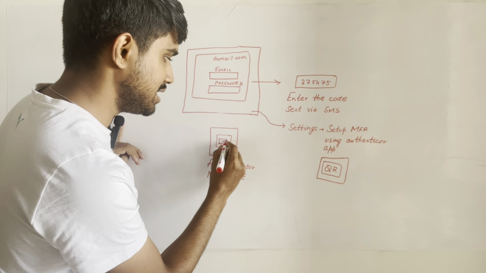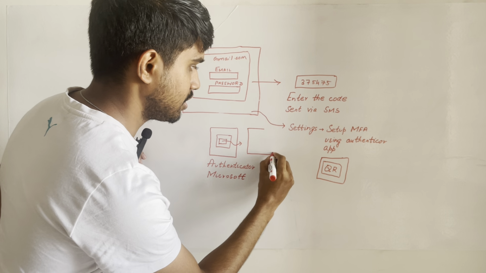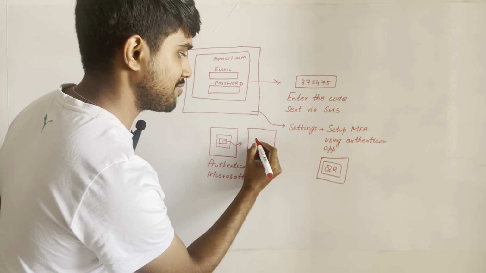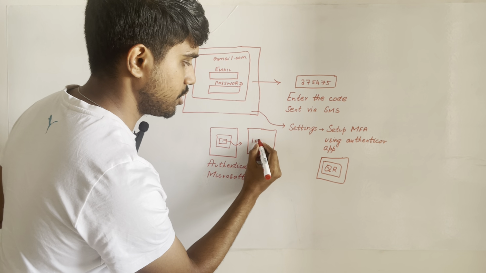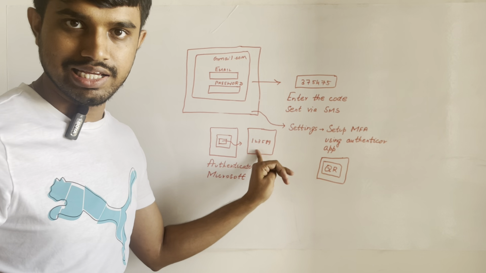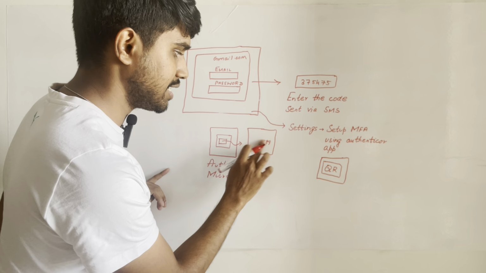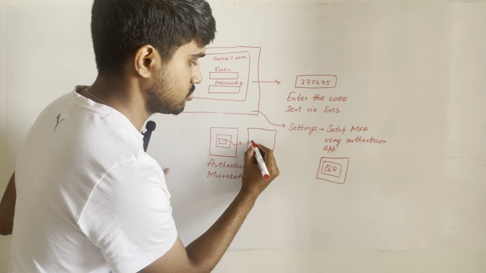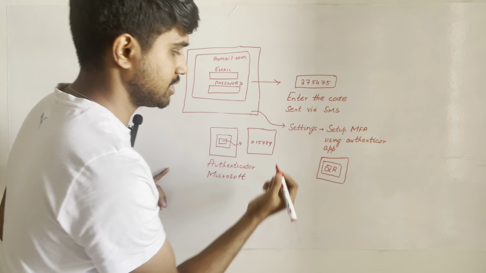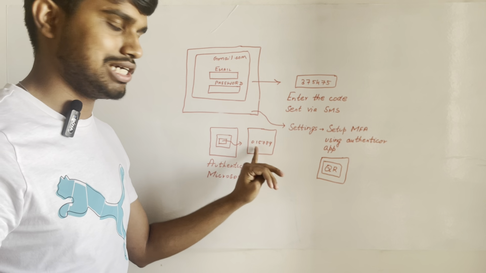When you click on that Gmail, it opens a window, and every 30 seconds you have a code displayed there, 1 2 3 5 8 9. For 30 seconds it gets displayed, and without any prompt, after the next 30 seconds it will change to 0 1 5 7 8 9, for example. So every 30 seconds your Authenticator app will change the code.